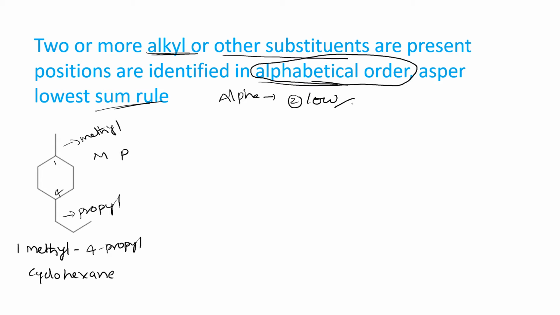Hope you understand. Because here you can go anywhere, numbering from here, 1, and here, 4, you may go this way. But I follow this order only as per the alphabetical order rule. Coming to the next one, here is a methyl substituent and here an ethyl substituent.